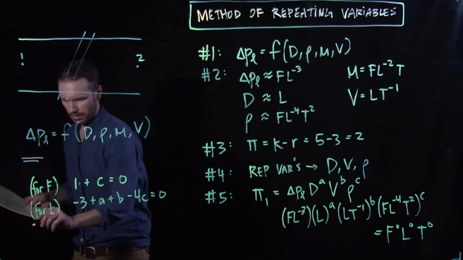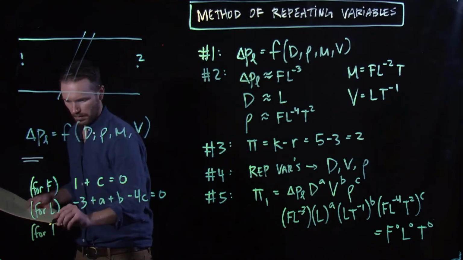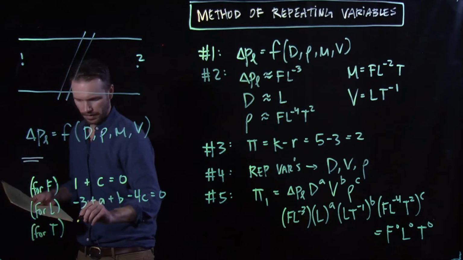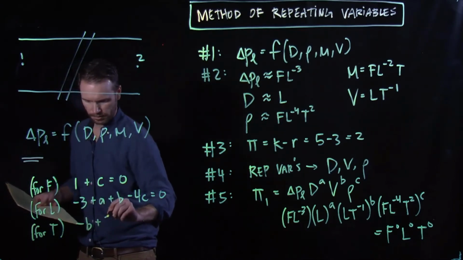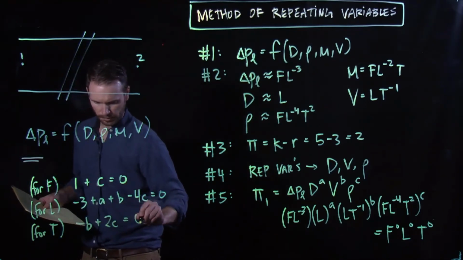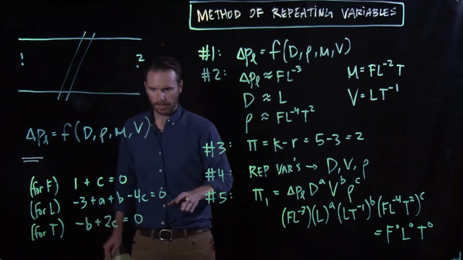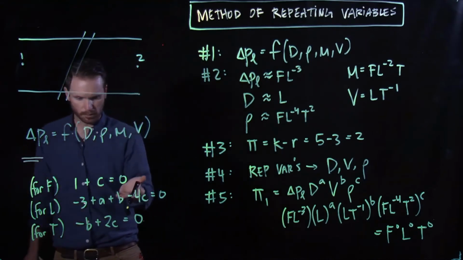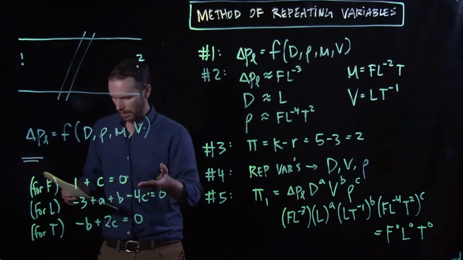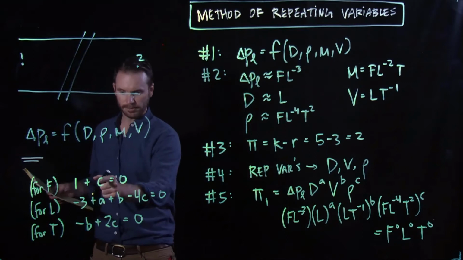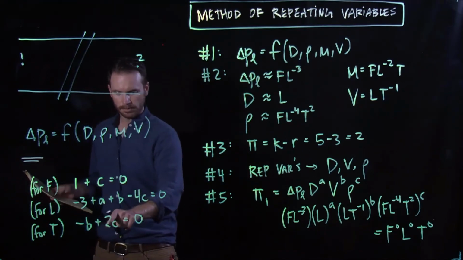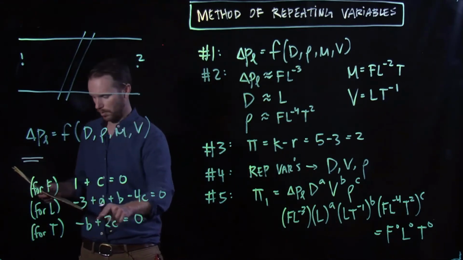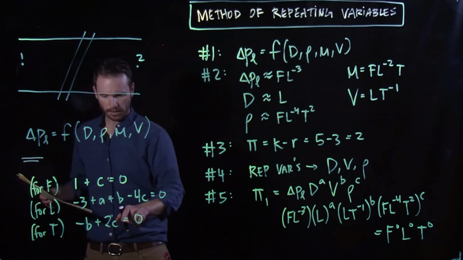And for T, -B plus 2C is equal to 0. Okay, so at this point I have 3 unknowns, a system of 3 equations, so I can solve these 3 equations pretty easily. And it turns out like this: if C is equal to -1, 2 times -1 is -2, so B would be equal to -2.